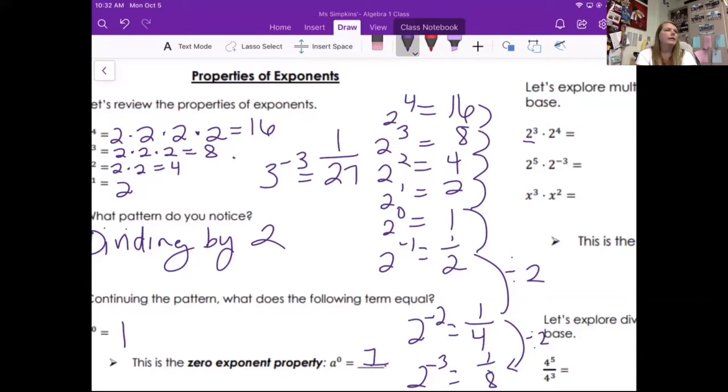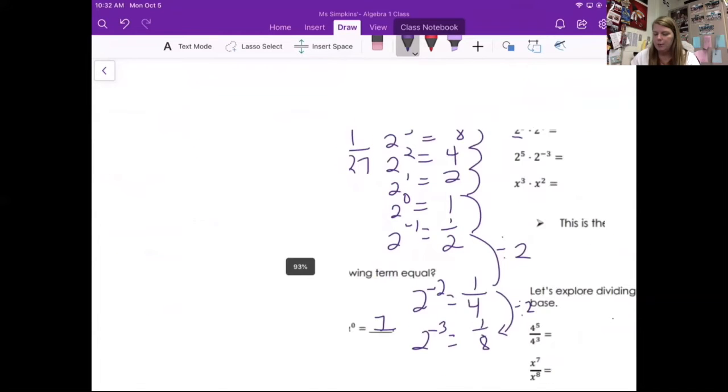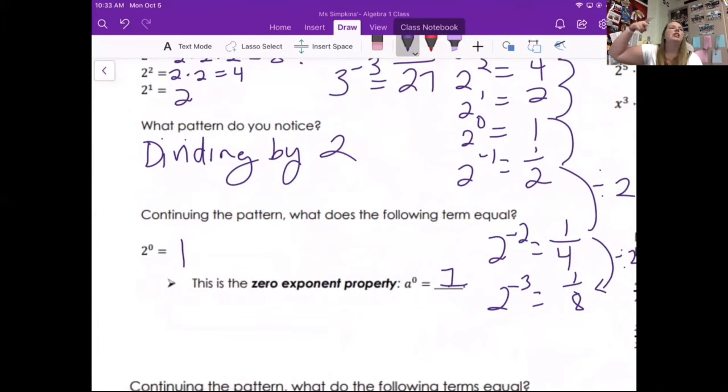The reason why is exponents tell you how many times you're going to multiply something by itself. So how can you multiply something by itself -3 times? You can't, exactly. So we have to change the look of the problem to be able to say that we're multiplying it by itself so many times. We can do that by changing it to its reciprocal.